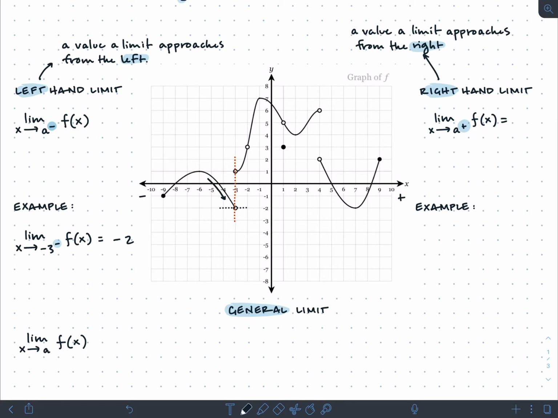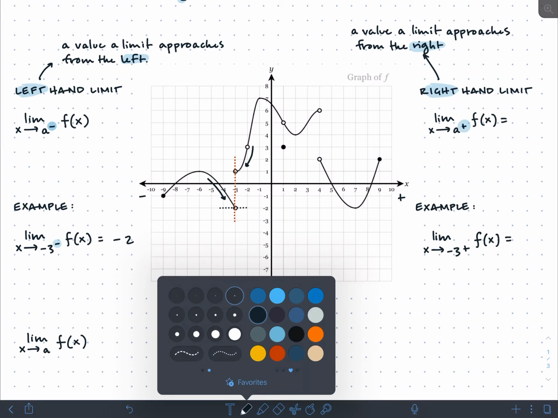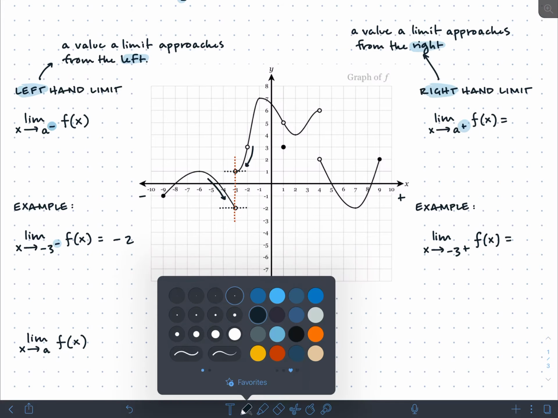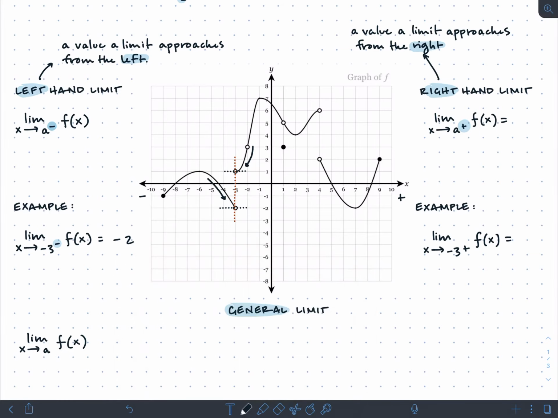So if I wanted to write the right-hand limit as x approaches -3 of f of x, if I look at my graph here, as I approach that point from the right, we'll see that the y value we're approaching is +1. So we're going to say that that limit is equal to +1.